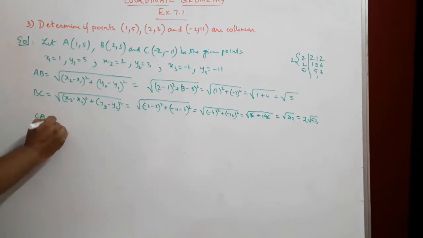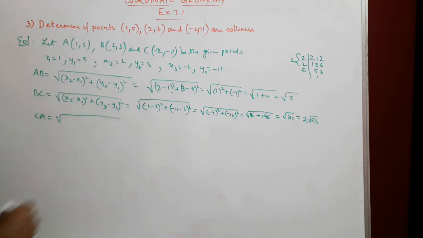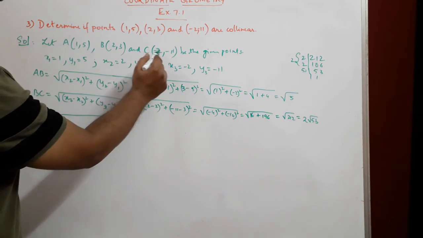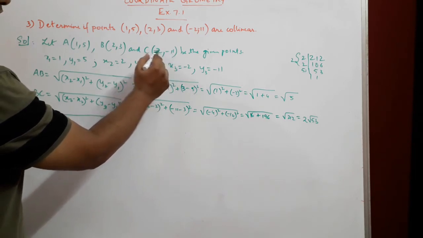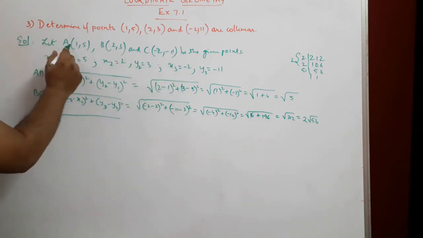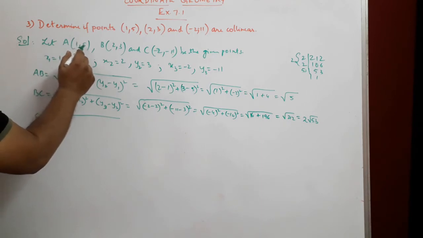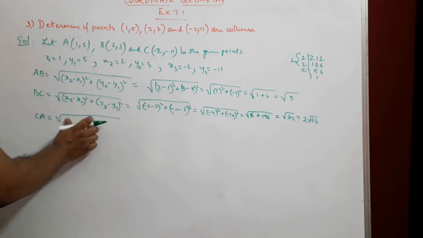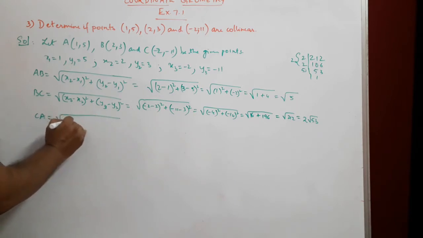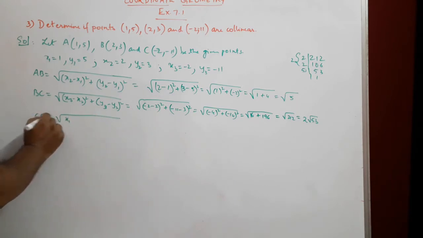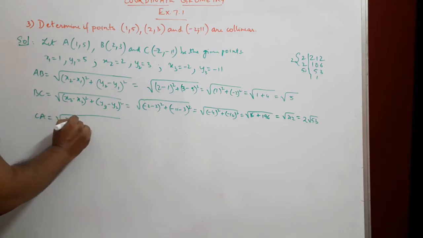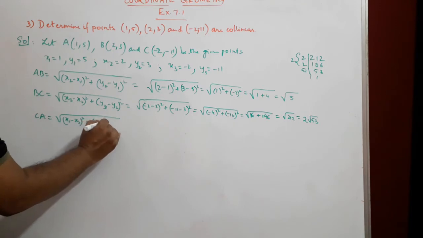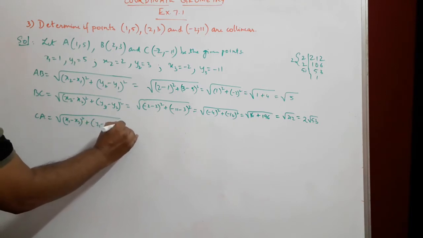Next we go to CA. So CA would be, the coordinates of C are x3 comma y3, and coordinates of A are x1 comma y1. So it would be x1, because it is CA, right? So (x1 minus x3) whole square plus (y1 minus y3) whole square.